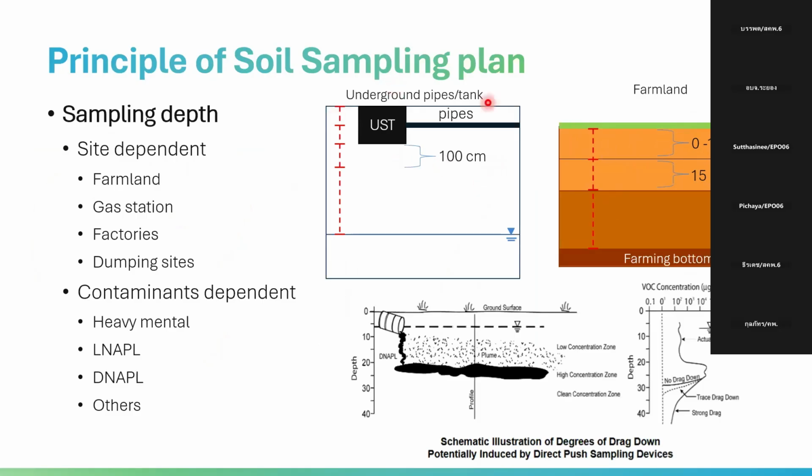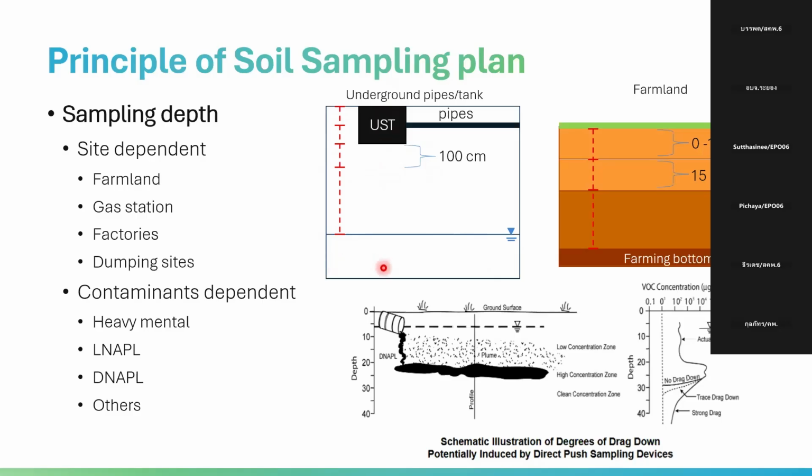But for the underground storage tank area, you should take the sample at least 1 meter under the bottom of this UST and try to figure out what happened. And if your budget is available, you can try to take the sample down to the groundwater surface.